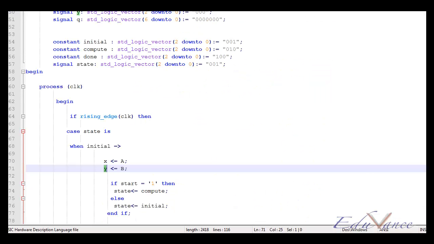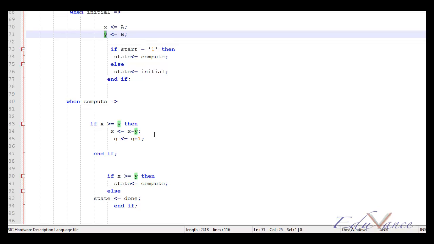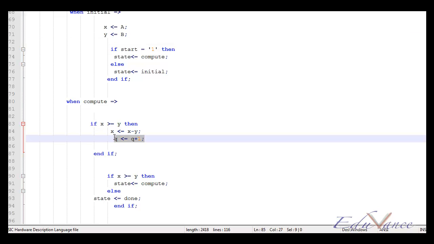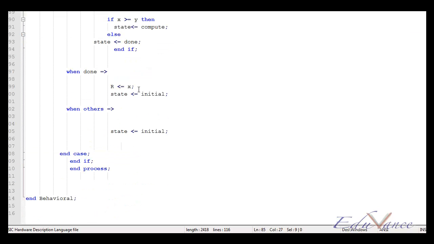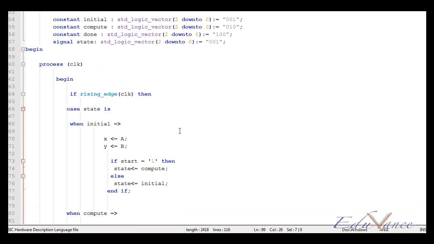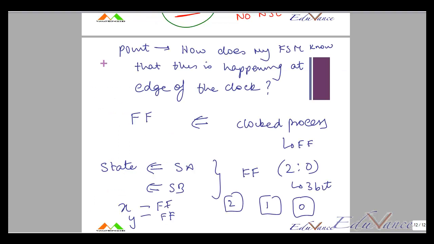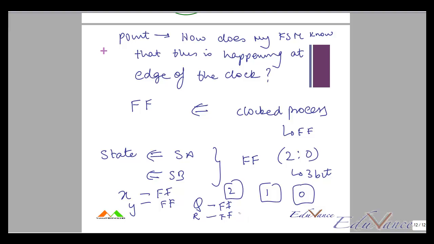Similarly, your Q and your R both are assignment statements under the clock. Hence, Q and R will also have flip-flops. This is very important from the concept of design. Hence, you need to remember this point.